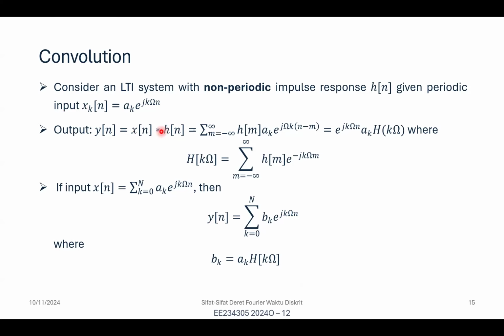So this is just a regular convolution, where one of the signals is not periodic. We denote this by the regular star. With only one Fourier series coefficient, which is ak, we get hm times ak times e to the j omega k (n minus m), to the power of n minus m as well.